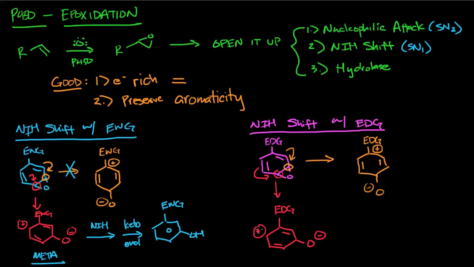Compare that to opening up at the meta position. If you open up at the meta position, your hydroxyl is going to be at the para position, and then you push the electrons, and notice that the positive charge ends up right next to the electron donating group. We didn't like that with the electron withdrawing group because putting a positive charge next to an electron withdrawing group is bad. If you have an electron donating group, however, you can stabilize it by donating electrons.